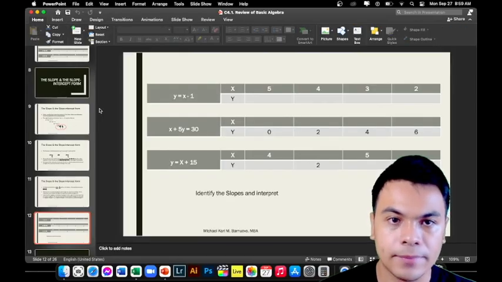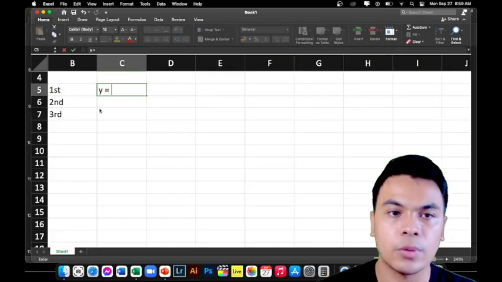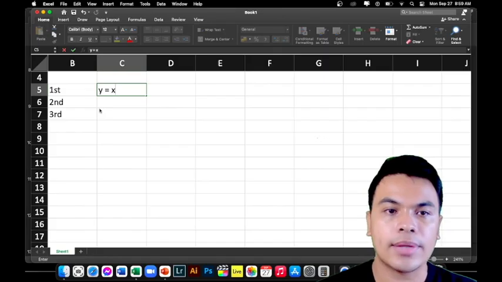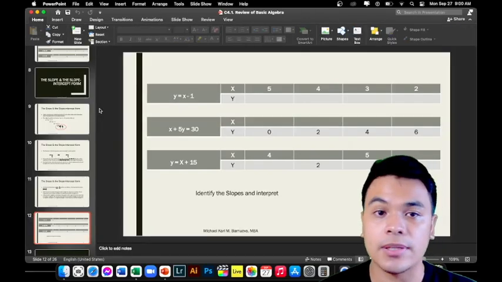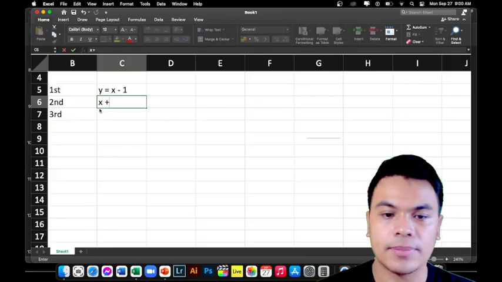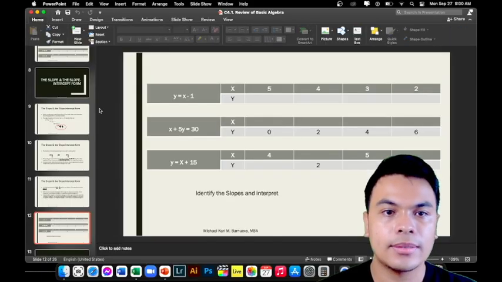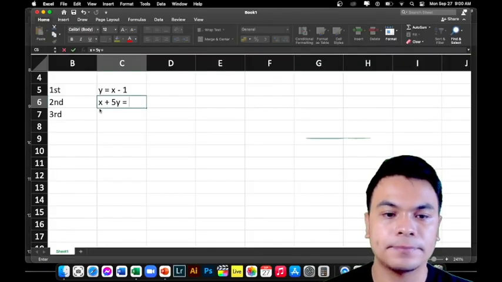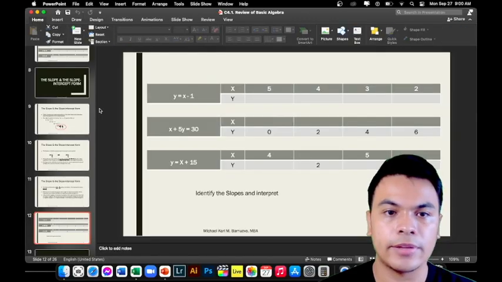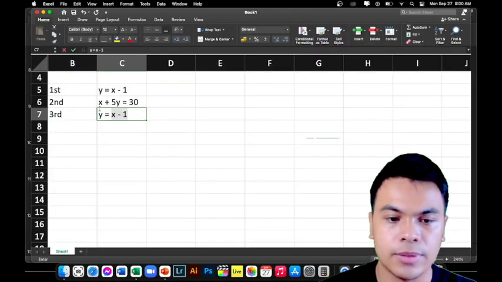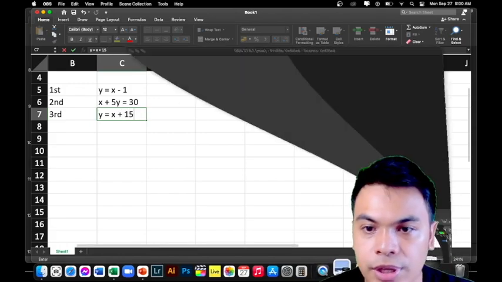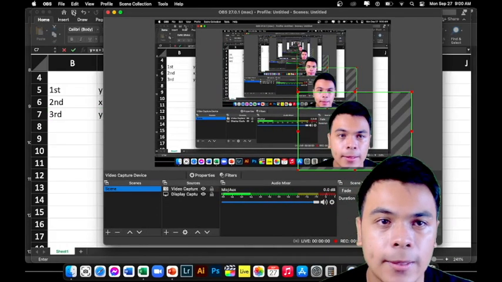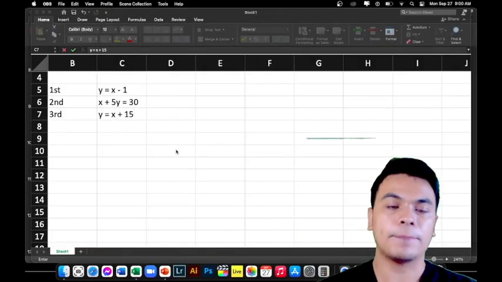Let's copy. That is y is equal to x minus 1. Second, we have x plus 5y is equal to 30. And the third one is y is equal to x plus 15. Okay, let me just check this one. Still recording. Okay.